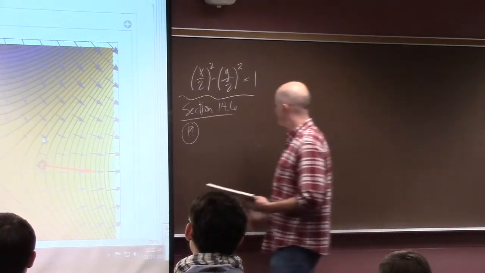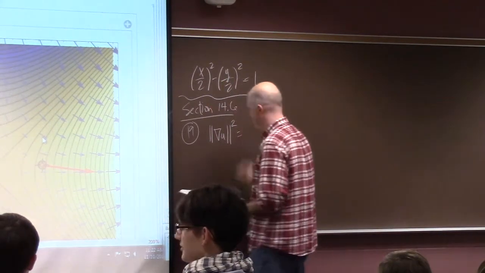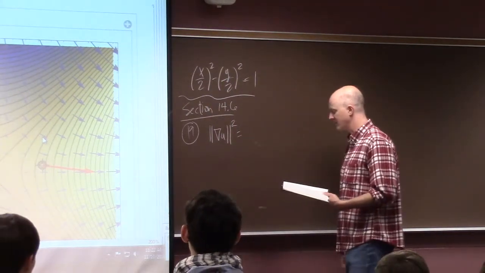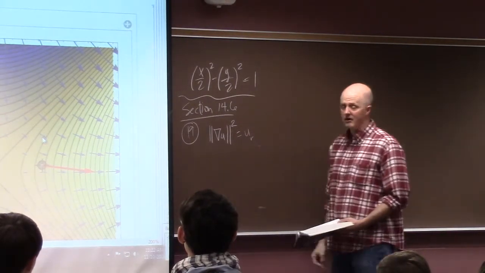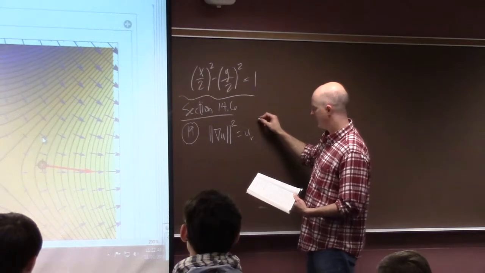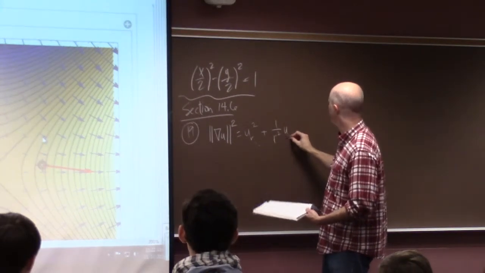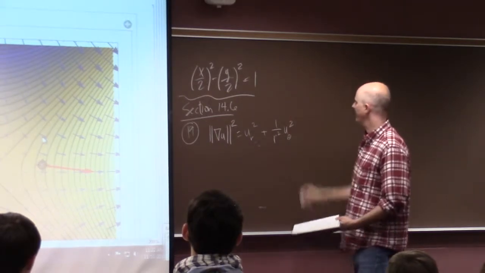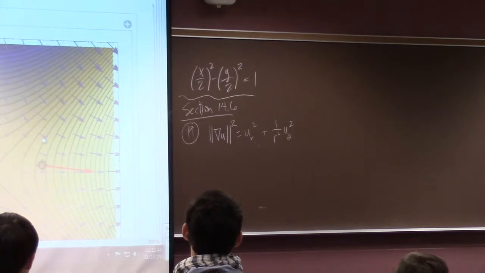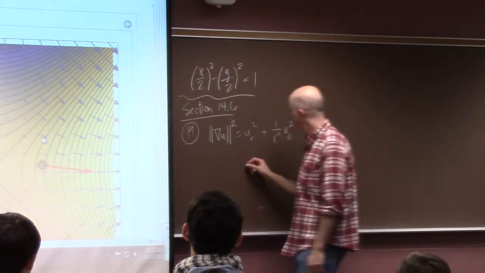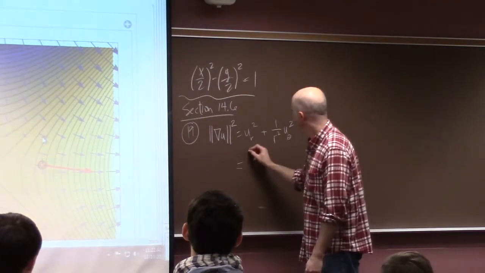What you want to do is show the squared length of the gradient vector equals, and here they use the subscript notation for partial derivatives, the partial of u with respect to r squared plus 1 over r squared times the partial of u with respect to theta squared. I'm going to go ahead and use this Leibniz notation here because I think it's a little less confusing even though it's more writing.